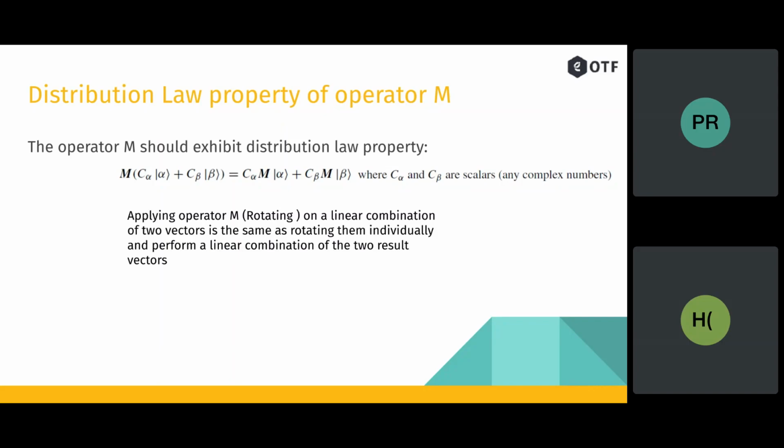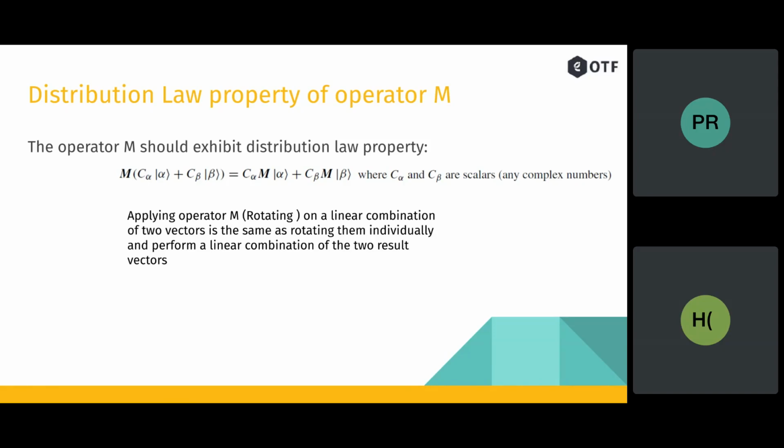If we have complex C alpha and complex C beta as the two coefficients of the two bases, ket alpha and ket beta, then matrix M multiplied by C alpha ket alpha plus C beta ket beta equals C alpha times M ket alpha plus C beta times M ket beta. C alpha and C beta are scalars, any complex number.